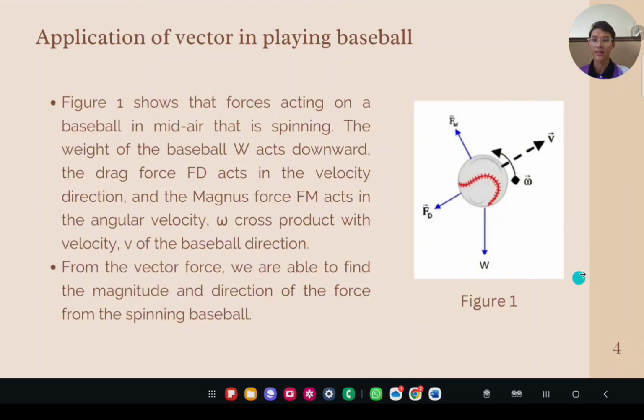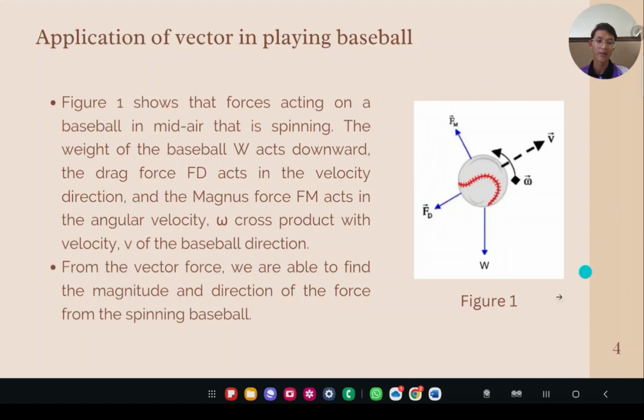So next we will see here, this is a baseball. So figure 1 shows the forces acting on a baseball in mid-air that is spinning. So this baseball is spinning in the mid-air.